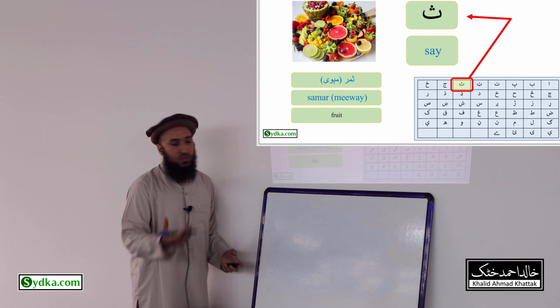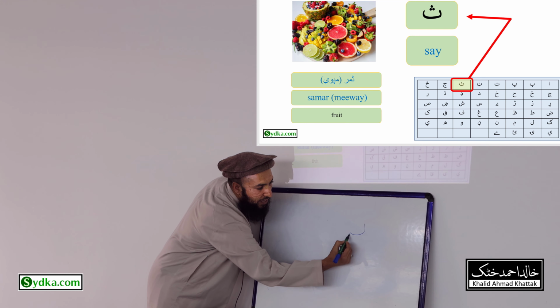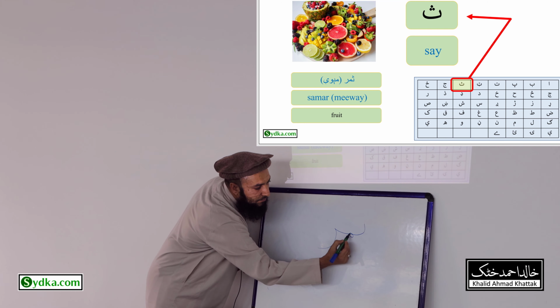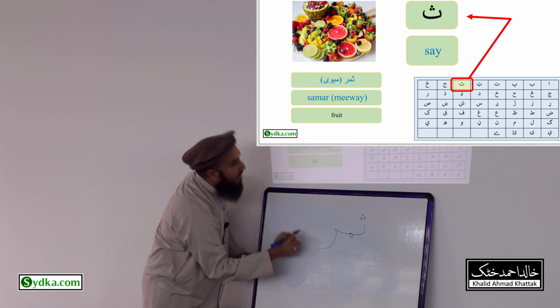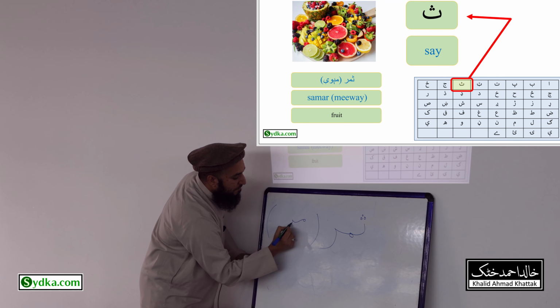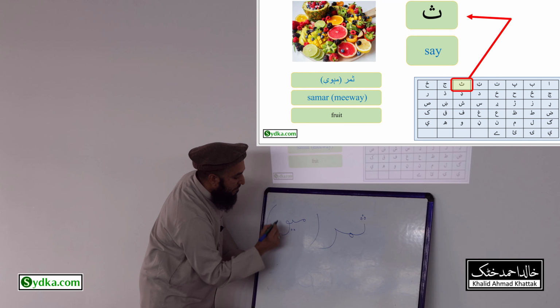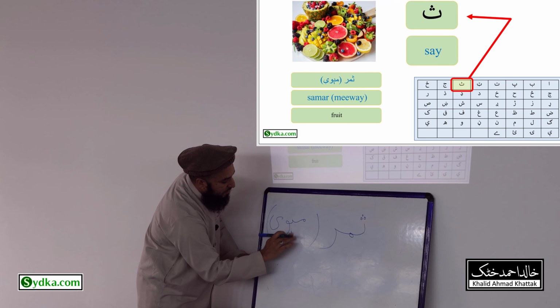But still we just need to know in Pashto. So the way you write samar is se, mim, re. With 3 dots, samar, and then in brackets, miwe. And we have, sorry, it's not this, miwe.